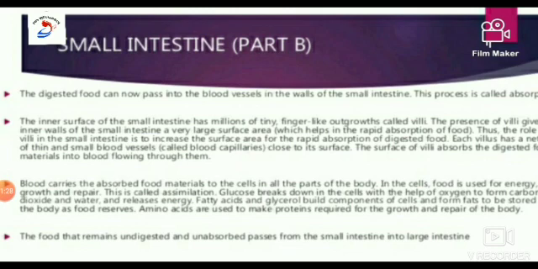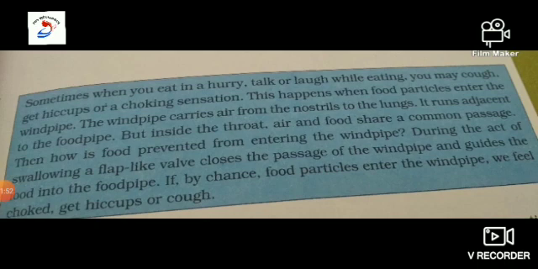It increases the surface area for the absorption of digested food. Each villus has a network of thin and small blood vessels called blood capillaries close to its surface. The surface of villi absorbs the digested food materials into the blood flowing through them.